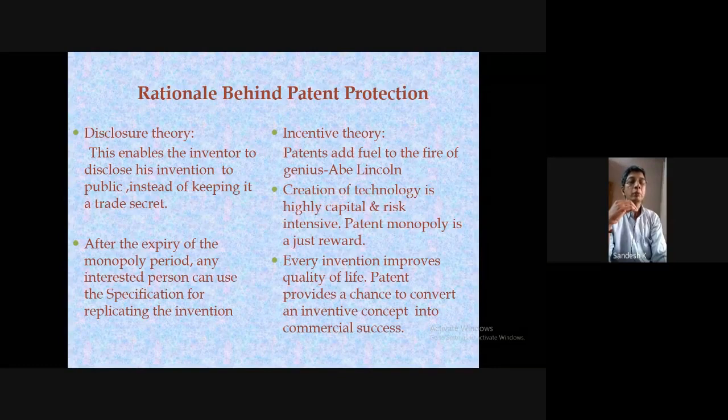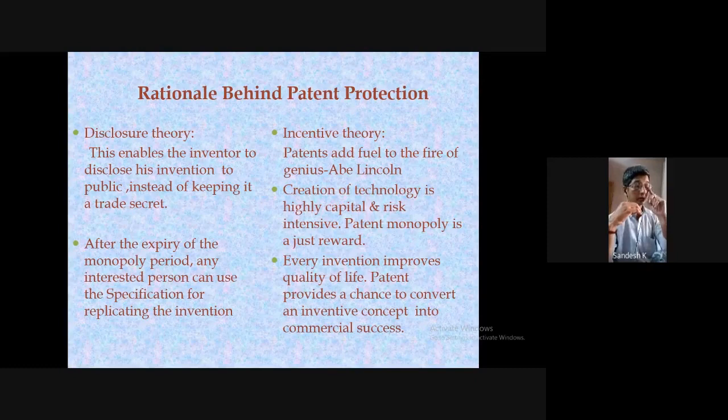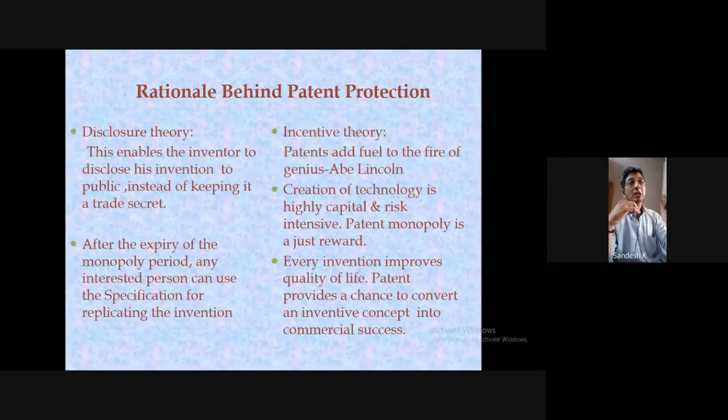That means it is open to the invention, whatever the patent document, it is available to the public. So this gives a benchmark for innovations. Like today there is some invention and tomorrow somebody wants to develop it. He will have a benchmark, okay, from where I should start, or this kind of thing has already been done in this world. So that becomes his starting point for the next generation innovator.